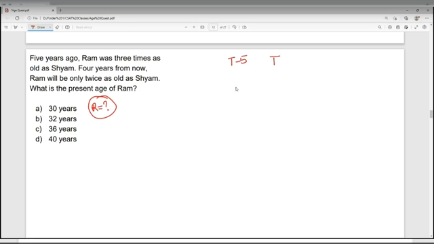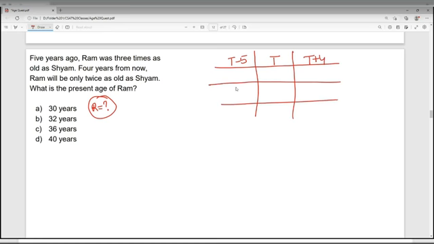We have t plus 4, and we have two characters, Ram and Sham. So let the present age of Ram be R and Sham be S. This becomes R plus 4, S plus 4, R minus 5, S minus 5.